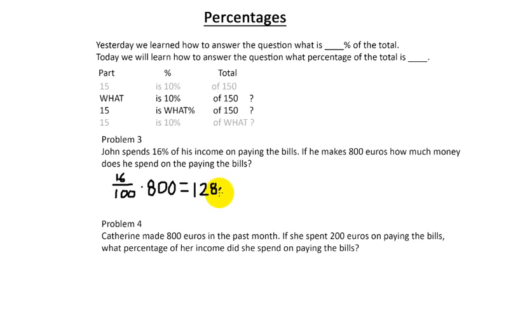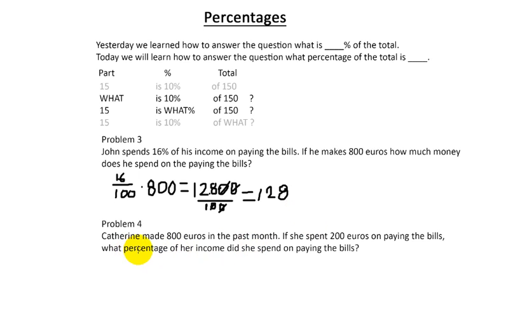And then I need to divide this by 100, because the denominator stays the same, like we said yesterday. So I cross out these zeros, and what I'm left with is 128. So John spends 128 euros on paying the bills. Okay, so my answer should be John spends 128 euros paying the bills.